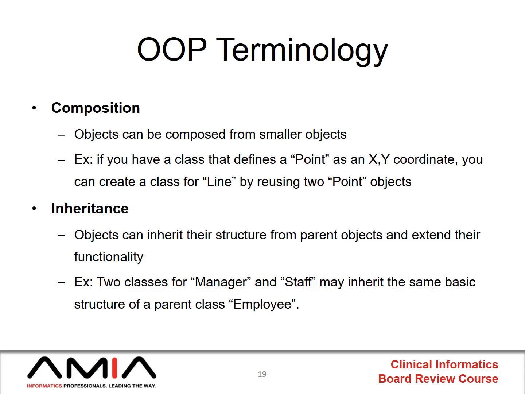They may both share some attributes and methods in common that are represented by a parent class called employee. So we can inherit all of the useful stuff from employee and override it when we need to extend it to create the manager and the staff classes.